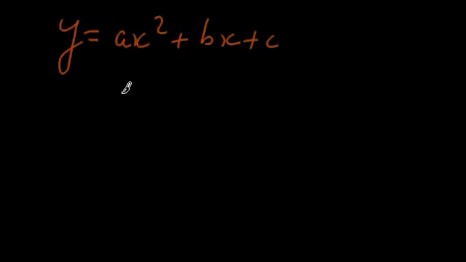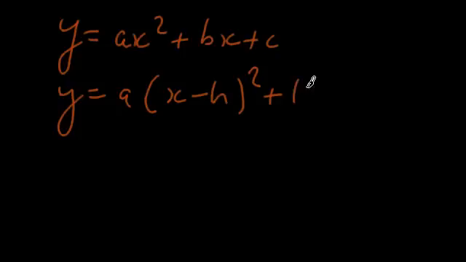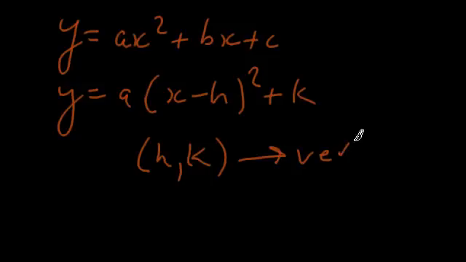By now we probably know that there are two common forms of quadratic functions or parabolas. First the standard form, which is generally written as y is equal to ax squared plus bx plus c, and the other form is y is equal to a(x minus h) squared plus k, where h, k are the coordinates of the vertex.